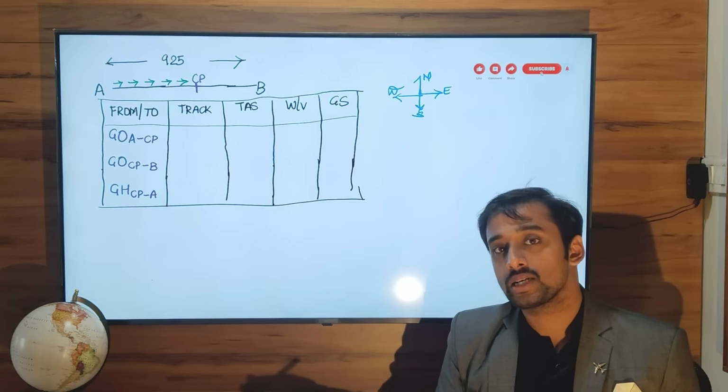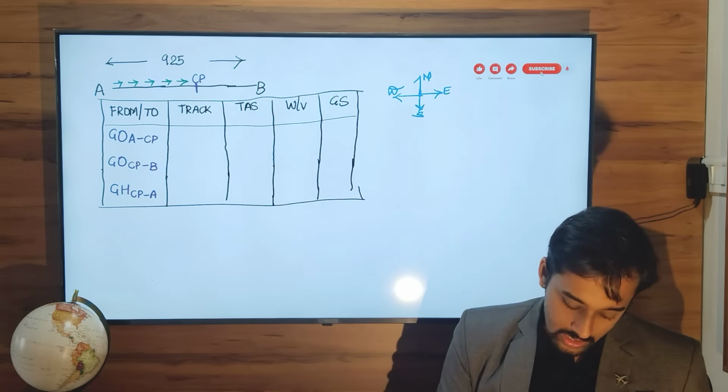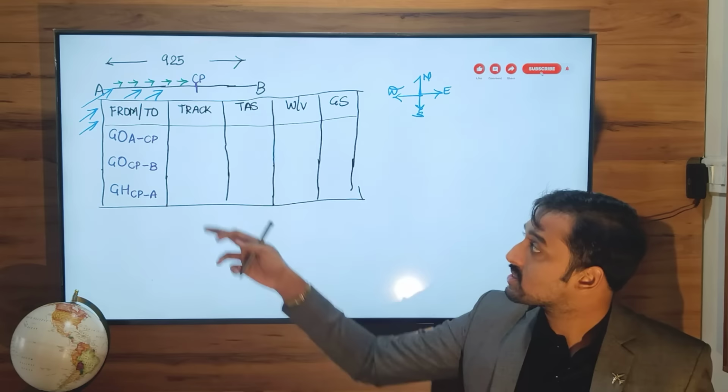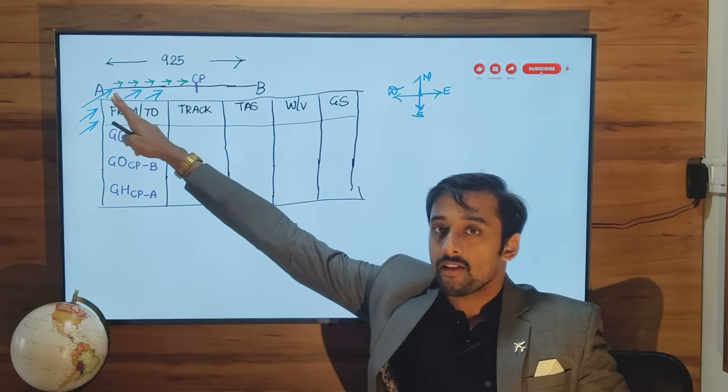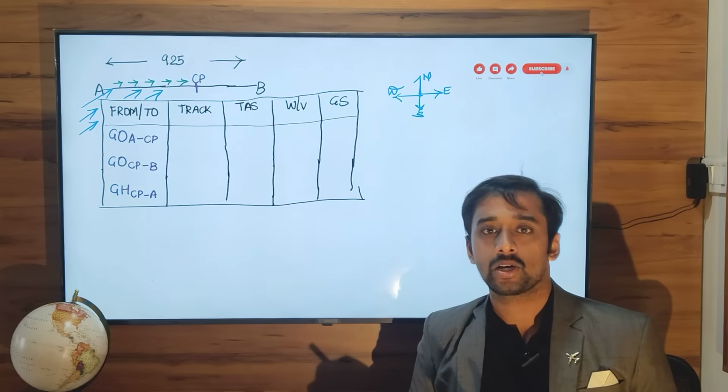So 200 is your southwesterly direction. That means winds are coming from somewhere here, like this. So when we start from A and fly towards critical point, we will be getting a little bit of tailwind.